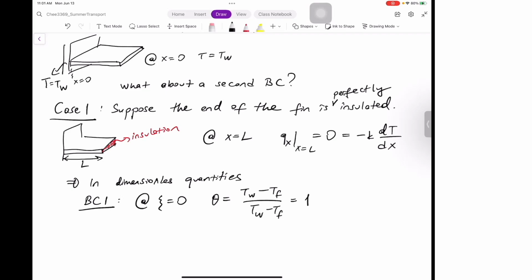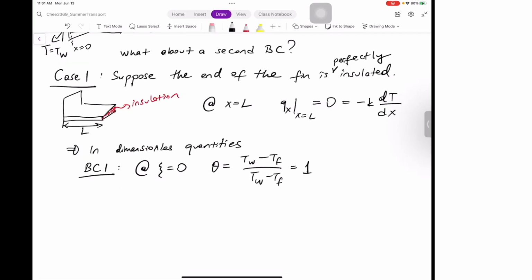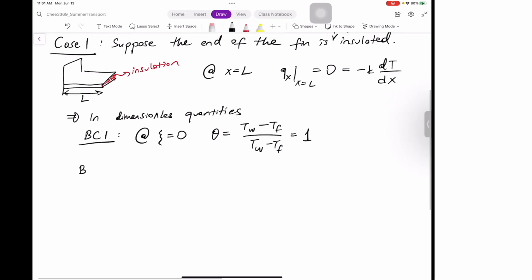That's equal to 1. You have the same numerator and denominator. The boundary condition 2, as I told here, is at psi is equal to 1 because it's L over L. The derivative of theta with respect to psi is going to be 0. There's going to be some unit conversion factors, but doesn't matter. I'm multiplying with 0, so it's going to be 0 at the end. So d theta over d psi is 0. Okay, so these are my two boundary conditions.